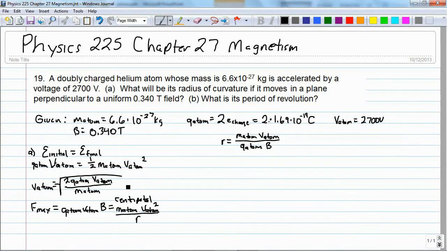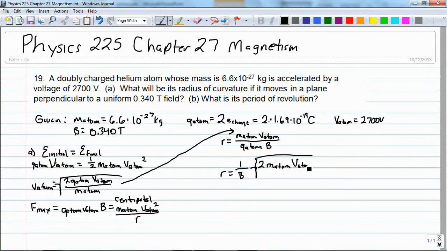And if I insert the potential in and do some simplifying, I get that R equals 1 over the magnetic field times the square root of 2 times the mass of the atom times the potential divided by the charge.